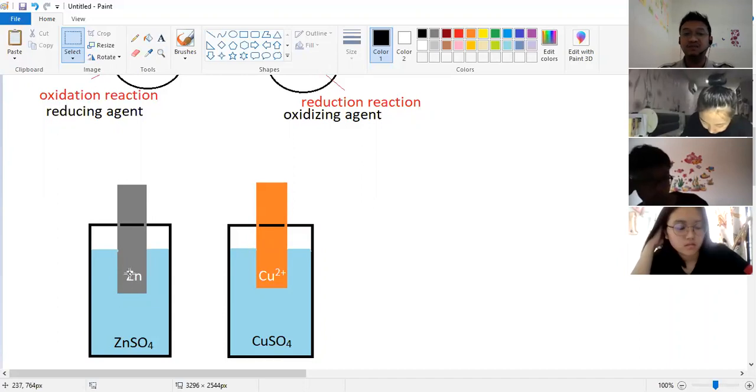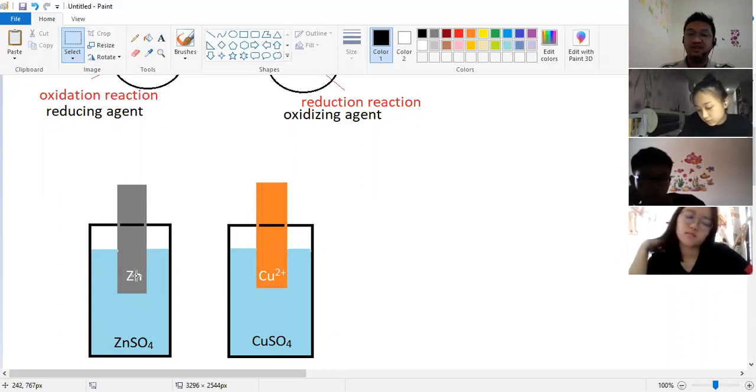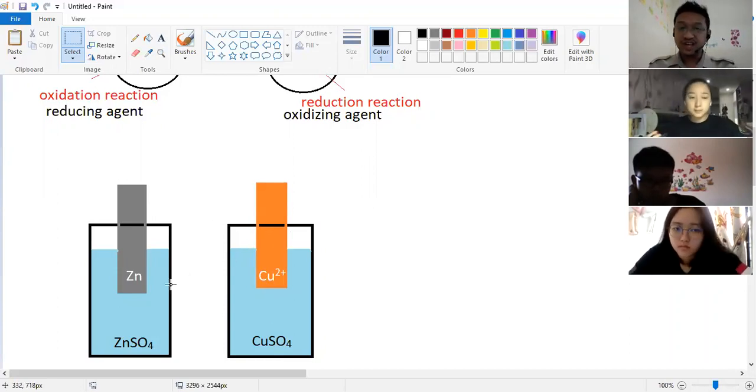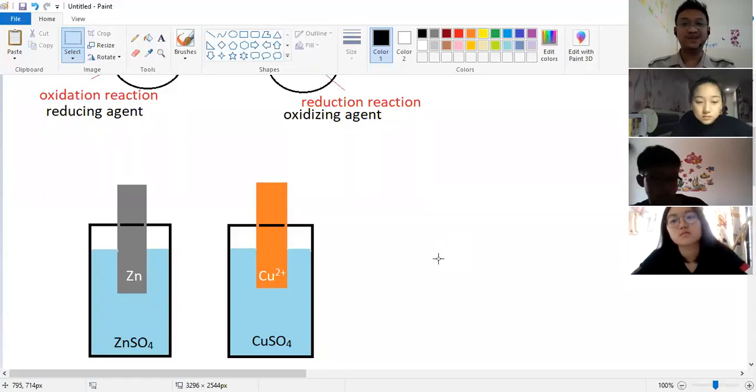The zinc plate contains neutral zinc atoms, while the copper(II) solution contains copper ions, copper 2+ to be specific. Now, with this setup, is there any chemical reaction that takes place with this setup that you see on the screen?